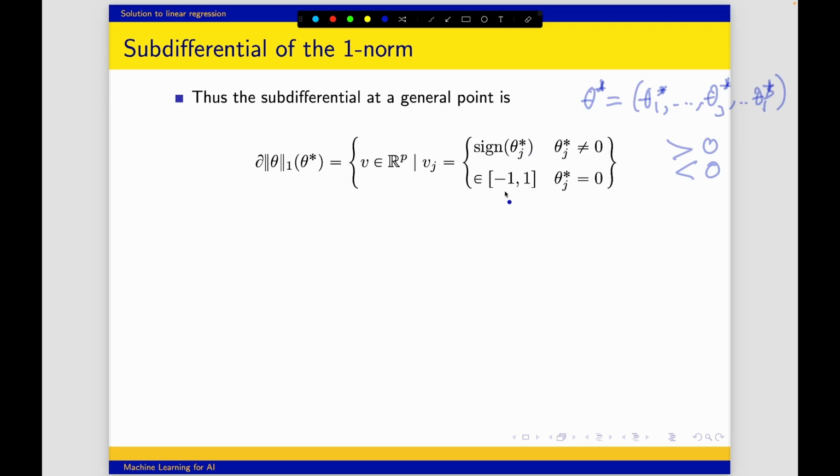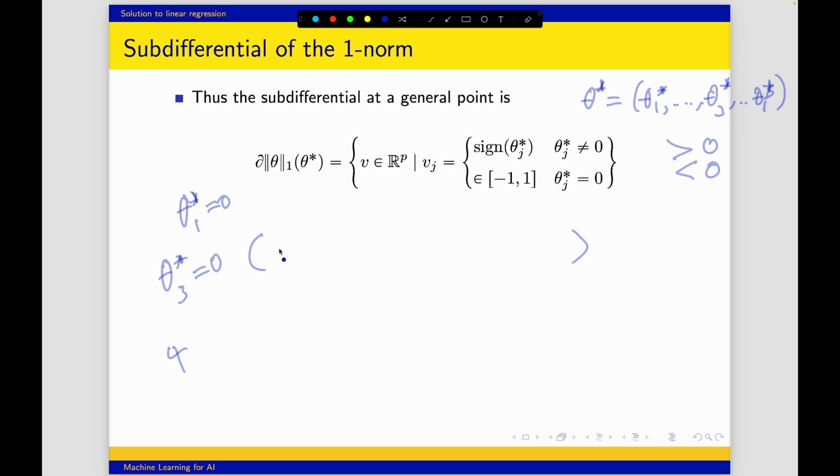On the other hand, if the component is 0, then the jth component of our V star, our subgradient, will be any number between -1 and 1. So what we're going to end up with is vectors that look like this. Let's say theta 1 star equals 0, and let's say theta 3 star equals 0. Let's say there are 4 of them: theta 1, theta 2, theta 3, and theta 4.